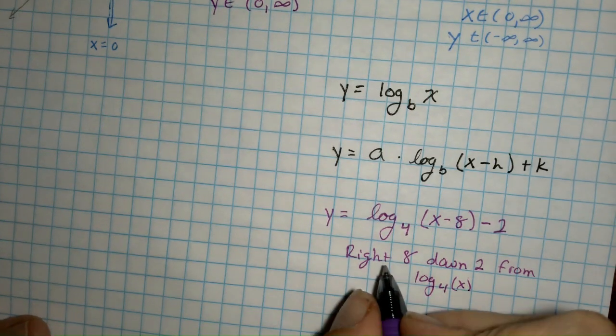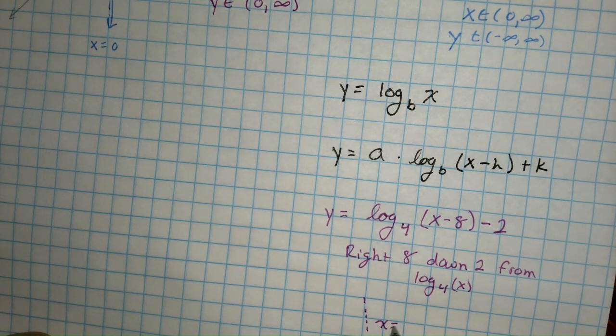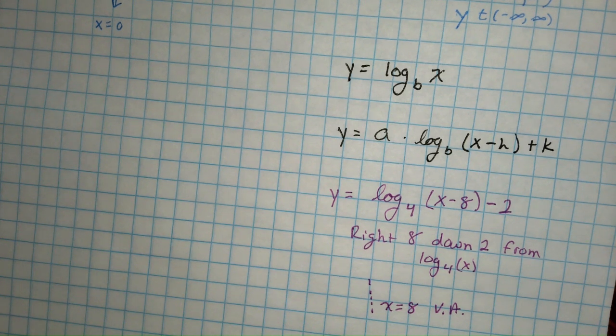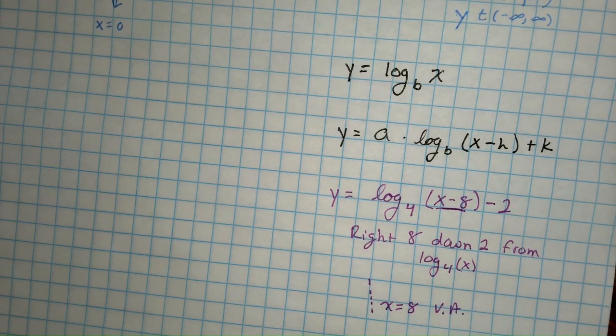And because it's to the right 8, and we have vertical asymptotes, the vertical asymptote will be at x equals 8. Okay, so those HK shifts are really going to play a role. And so we should be able to identify shifts by this point. If you've been watching all my videos, it's always the opposite of what's going on because it's what zeroes this out. So positive 8 zeroes that out. And this is just reinforcing that HK shifts, and then we're going to reinforce the inverses.